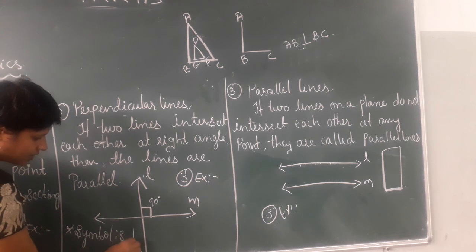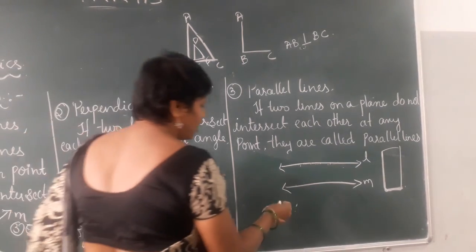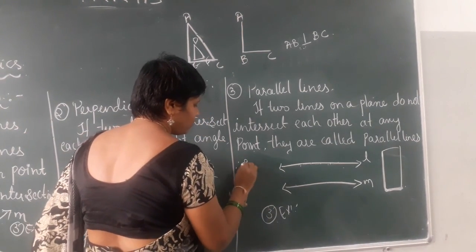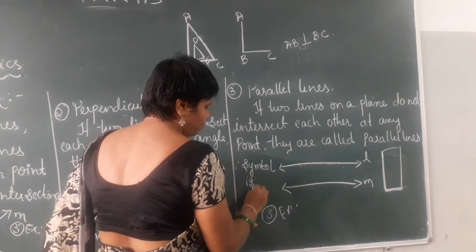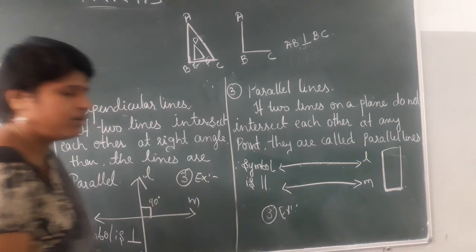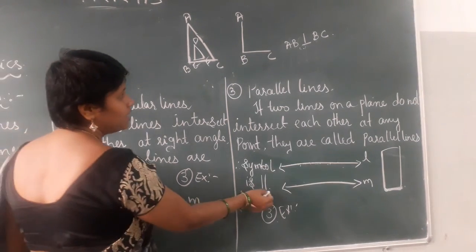And for parallel also you have a symbol. This is the symbol for parallel. Whereas for intersecting lines you won't find any symbol. Only for these two you have the symbol: this is perpendicular and this is parallel.